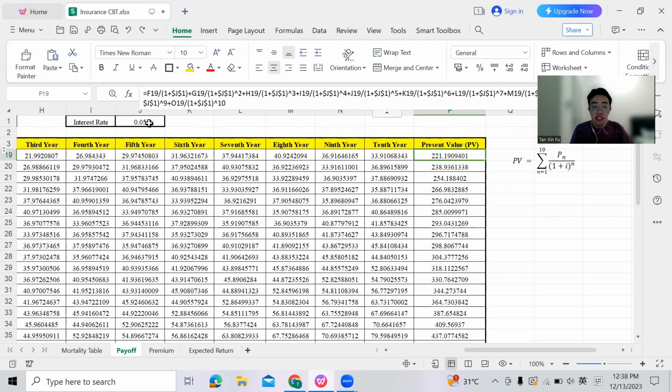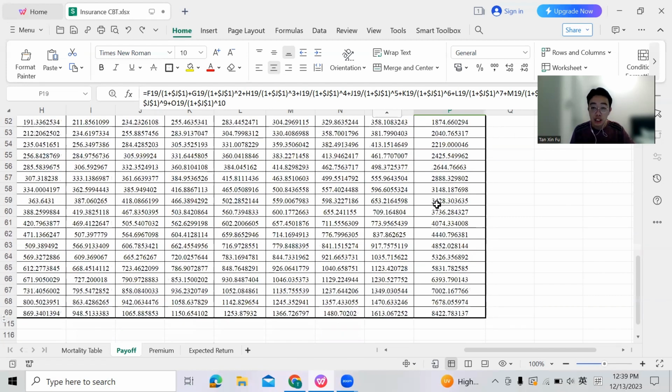We can see that the interest rate is 0.05, and here is the formula for the present value, which is the summation from 1 to 10, the years from year 1 to year 10, of each year's payout divided by 1 plus i to the power of each year. After this step, we obtain the present value of expected payout for each age at which the policyholder purchased the insurance. Here we have 50 years.